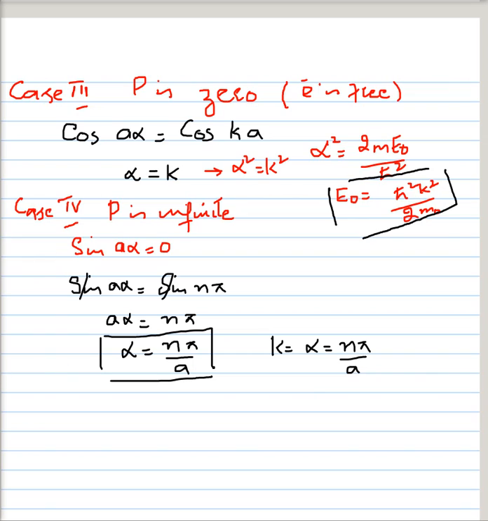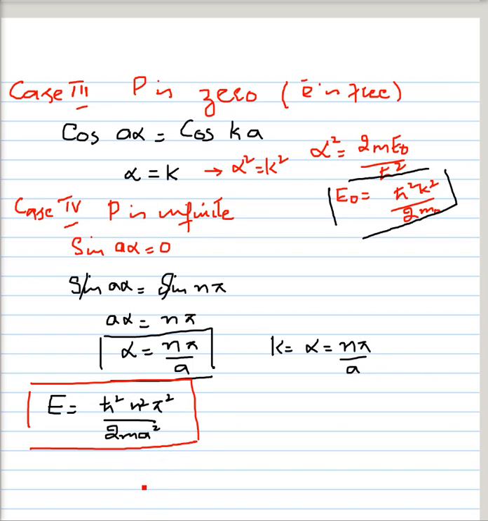Now, substituting into the above energy equation, you will get E naught is equivalent to h cross square, instead of k square, we will write n square pi square divided by 2m into a square. So this is an equation which you're already familiar with, because we have already solved it in the problem where the particle is confined in an infinite potential well.